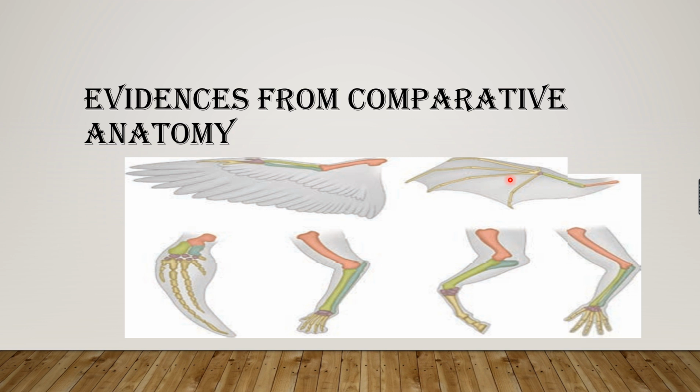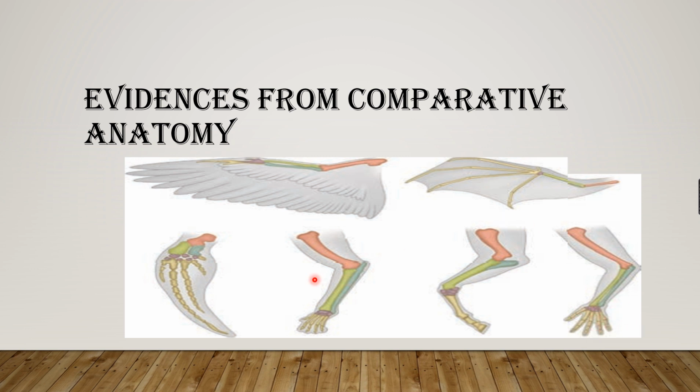They all have the basic plan of bones: humerus, radius, ulna, carpal, metacarpal, and phalanges. This is a human hand: humerus, radius, ulna, carpal, metacarpal, and phalanges.